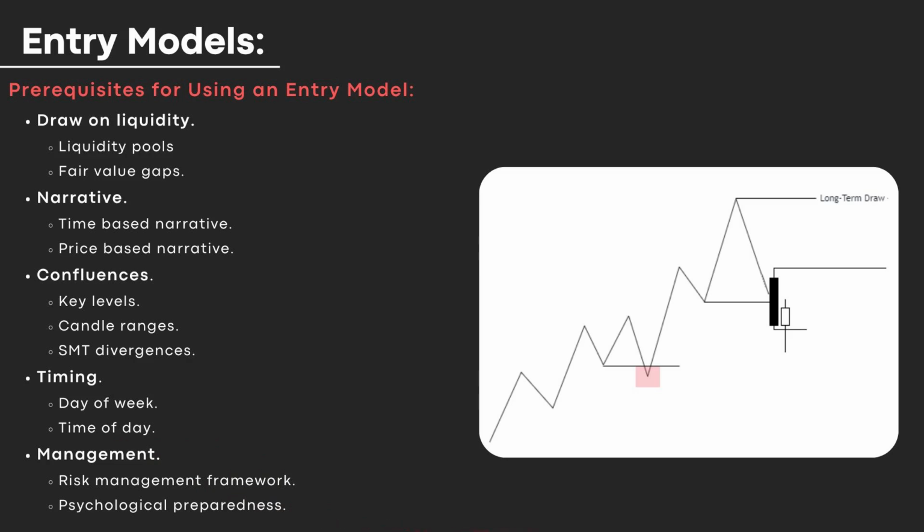Management is going to help you prepare for every single outcome, right? The final prerequisite is having a clear plan for managing your trade both technically and psychologically. And this is what keeps you grounded and consistent in the long run. Inside the risk management framework, we have to know our stop loss level, our position size, and our risk per trade for each account type.